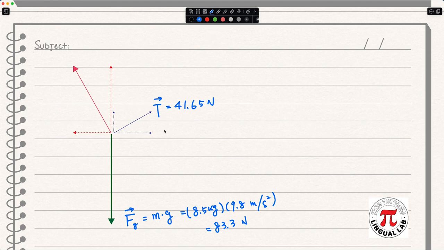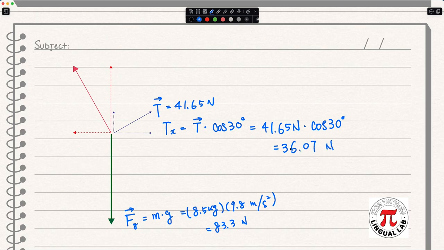This is the tension force, and for the x component I can calculate by tension force multiplied by cosine 30 degree, which is 41.65 Newton times cosine 30 degree. I'm going to get 36.07 Newton.